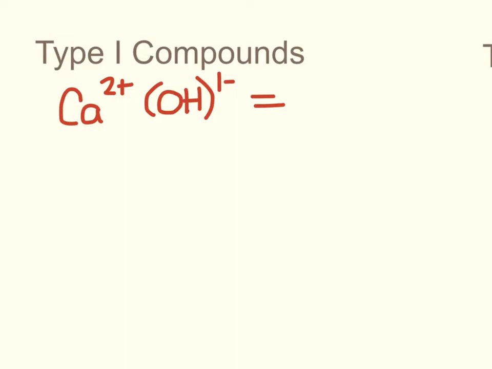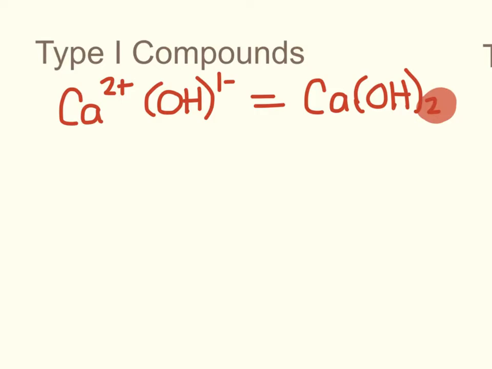All right, when I go to balance that out, I have a +2 charge on the calcium and a -1 on the hydroxide, which means that it's going to take 2 hydroxides, 2 negative charges, to balance out a single calcium. How we write that formula then is as follows: Ca(OH)2. It's very important that that 2 is maintained on the outside of the bracket.